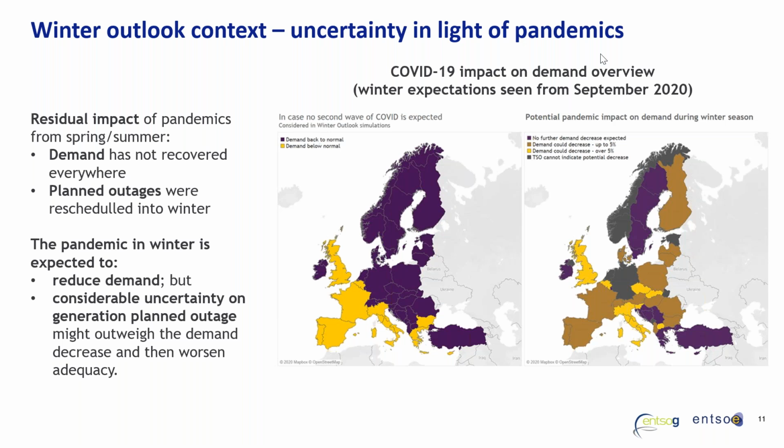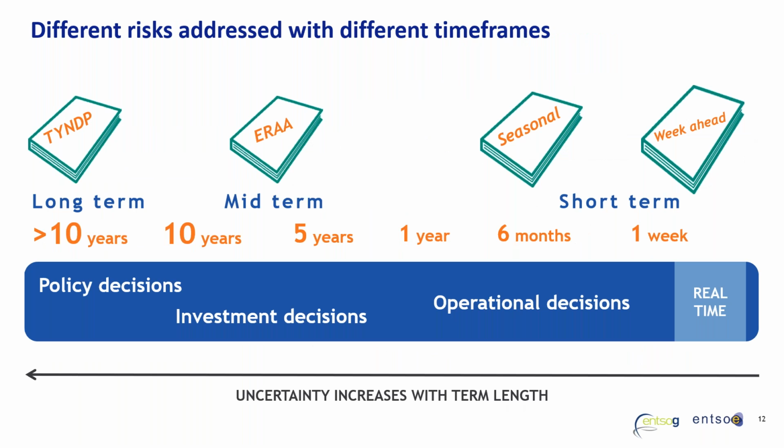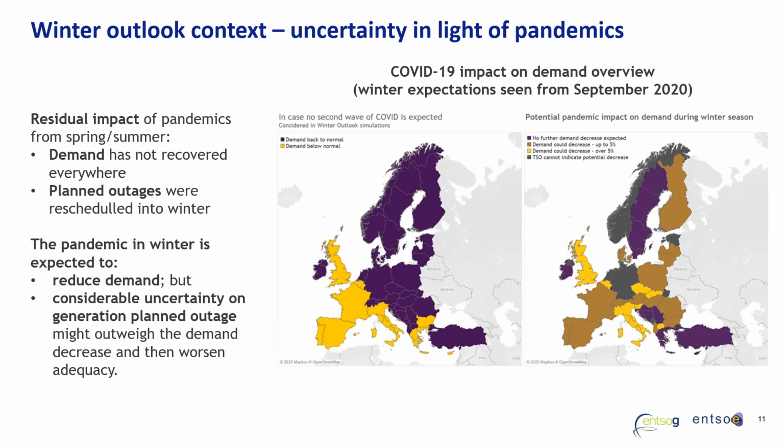So what would happen if the pandemic would peak again? We see that various TSOs can give various estimations of what could happen in their system, and some TSOs were not even feeling comfortable giving any estimations because it's so uncertain. So with this, I would just like to summarize that this winter was unprecedentedly uncertain in terms of the adequacy in the power system. Next slide, please.